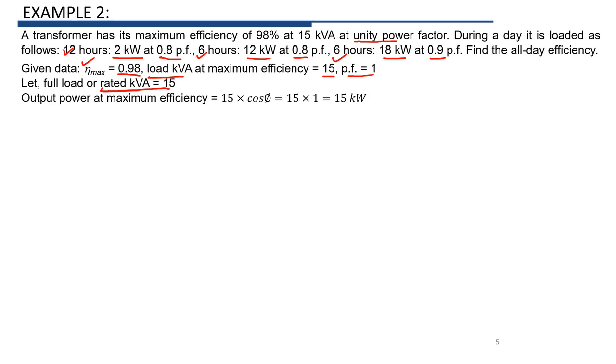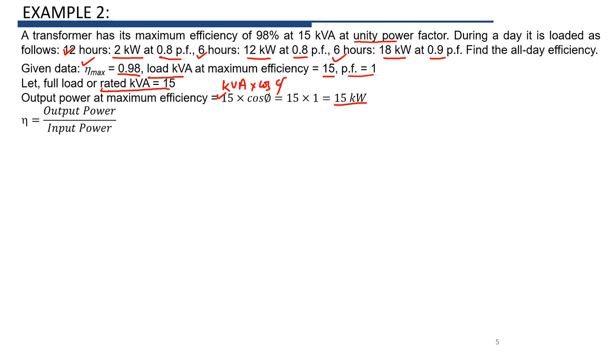First of all, the output power at maximum efficiency is kVA into cos phi. kVA is 15, cos phi is 1. So output power at maximum efficiency is 15 kilowatt.